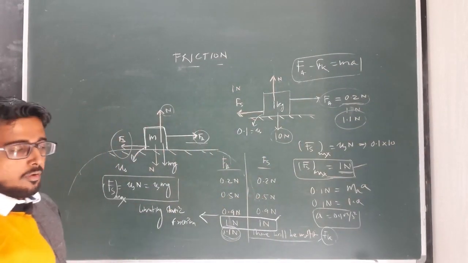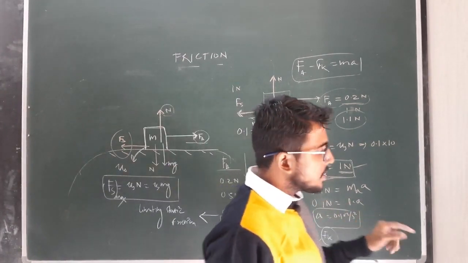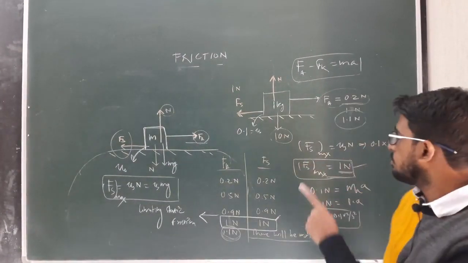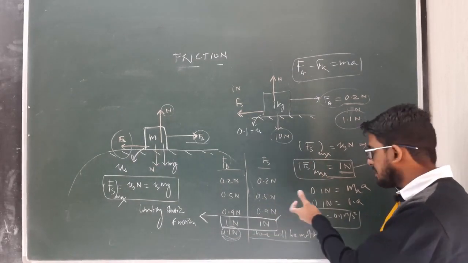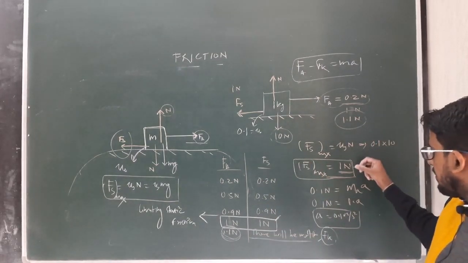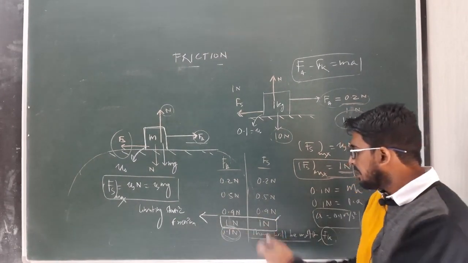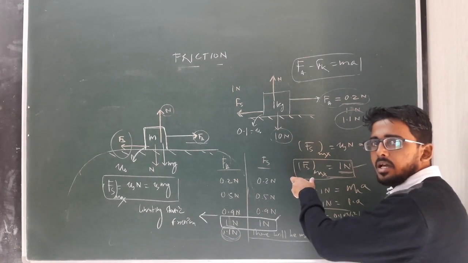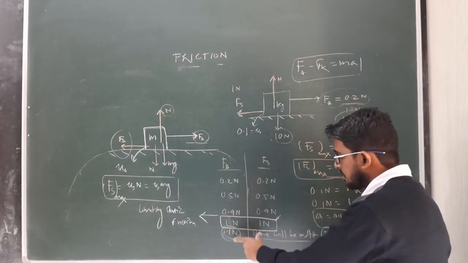So from this we will conclude what? The static frictional force can adjust itself according to the applied force, but up to a certain limit, and that maximum limit of the static frictional force is known as limiting static friction. Below it, the static frictional force value will be equal to the applied force, as we already studied here.